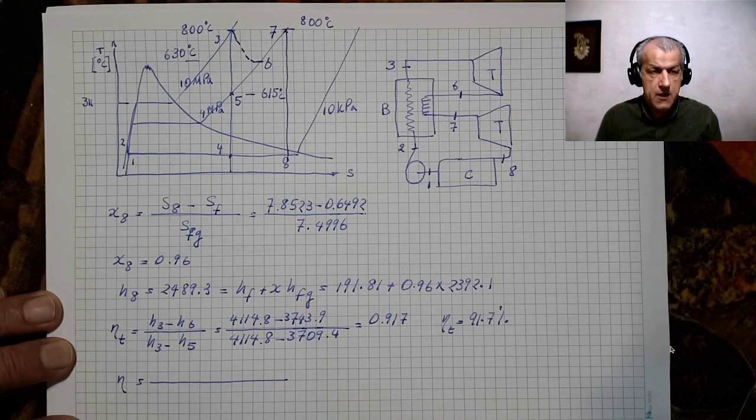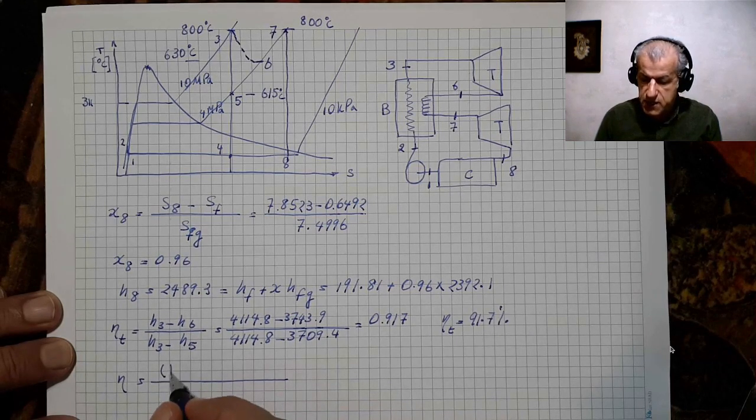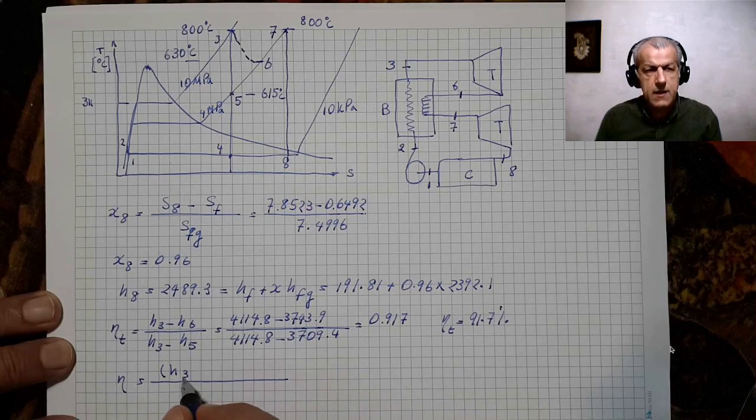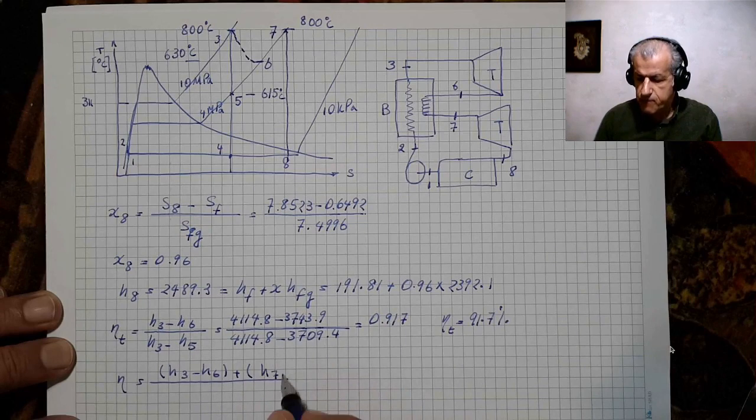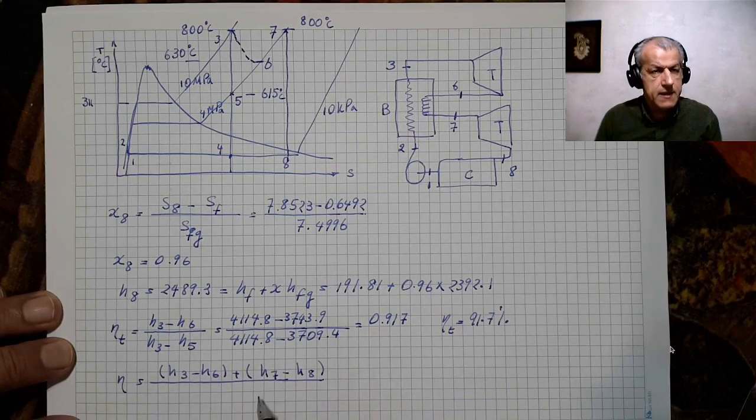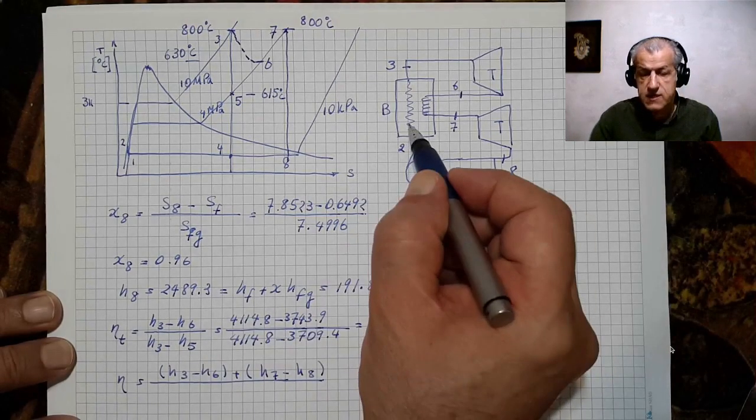One is the high pressure turbine, and its work is H3 minus H6, and the other turbine is the low pressure turbine, and its work is H7 minus H8.